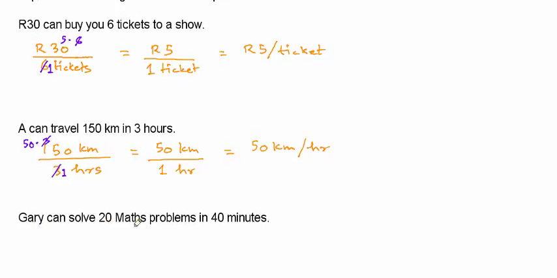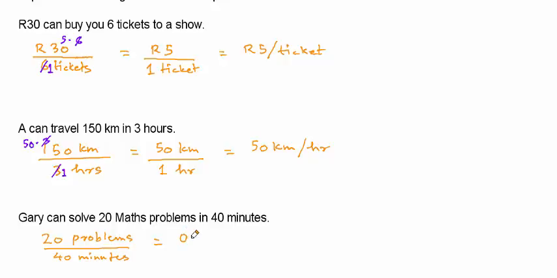Gary can solve 20 maths problems in 40 minutes. 20 problems over 40 minutes, which is equal to, now the numerator is smaller than the denominator, so if you divide 20 by 40, you get 1/2 or 0.5.